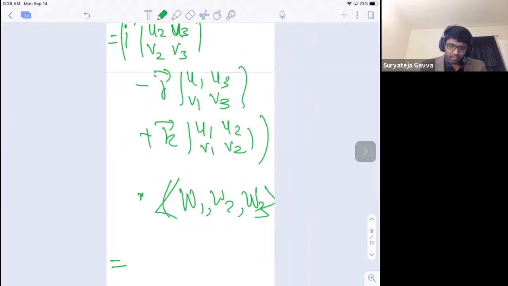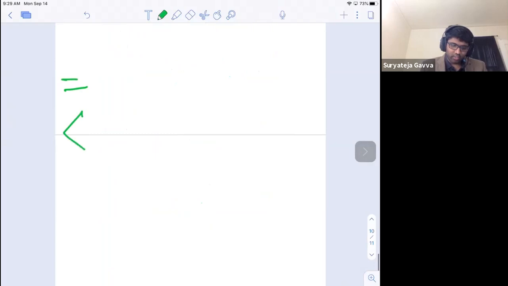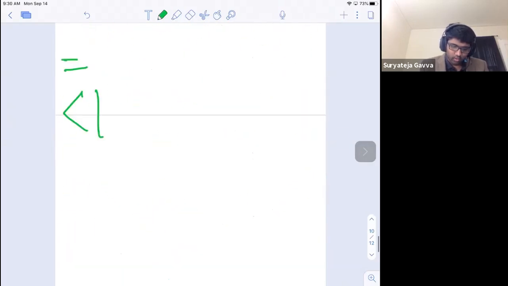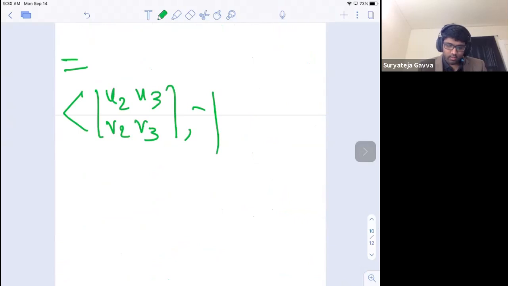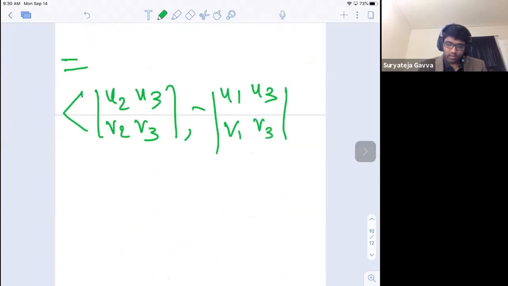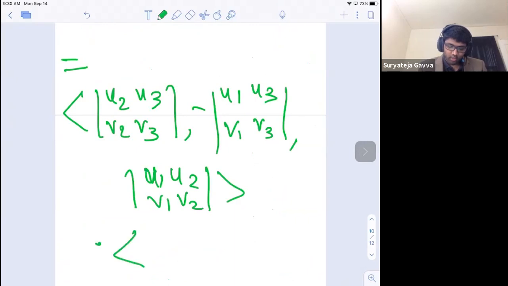So the coordinates of the first one are u2 v3 minus u3 v2. The next one is u1 v3 minus u3 v1. The third coordinate is u1 v2 minus u2 v1, dotted with w1, w2, w3.